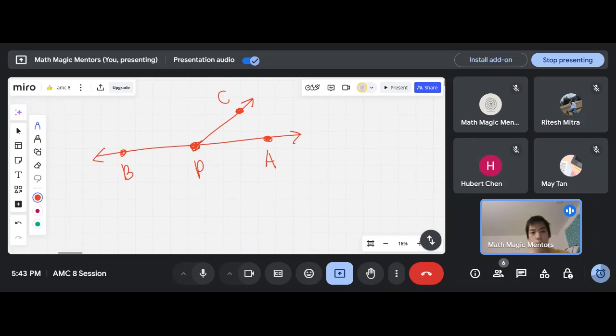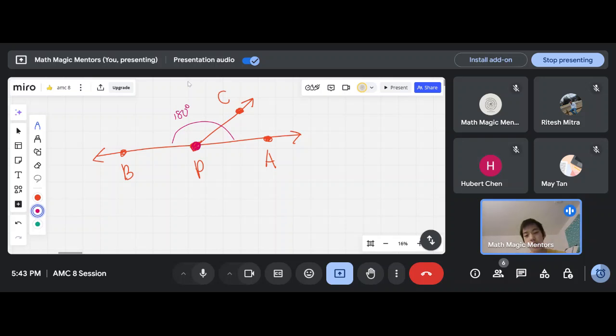So remember what we talked about for a line, right? A line, if we pick any point on the line and consider the angle that is formed. So if we pick P right over here, you're going to see that this angle is 180 degrees.